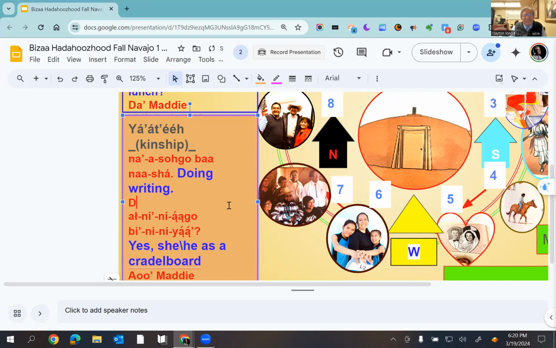Dathnilaj is the bread. I mean, that's the fried bread. Dathnilaj. That's the bread.